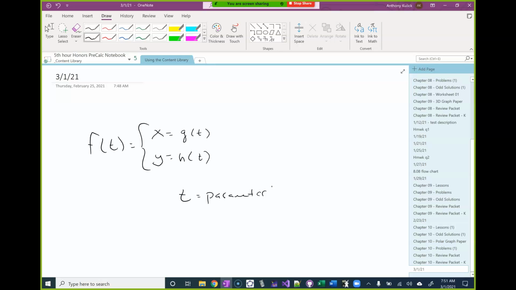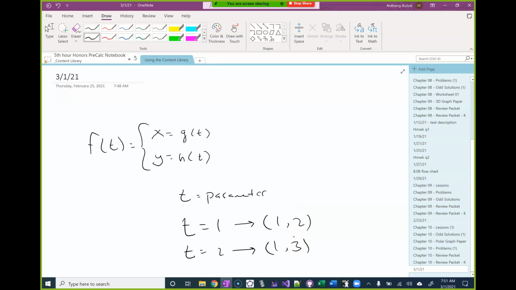So for example, if t equals 1 gives us (x, y) is (1, 2), and if t is equal to 2 also gives us... well, let's say not (1, 2), let's say... I'm sorry, that's not what I want. I want (1, 3). There we go.